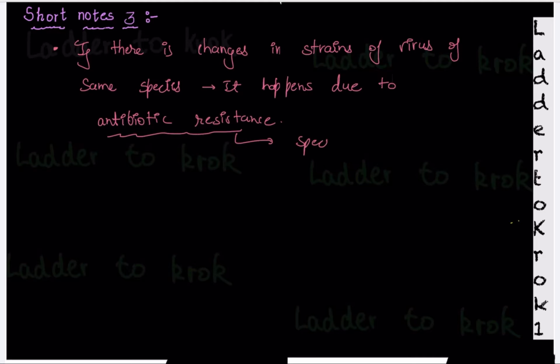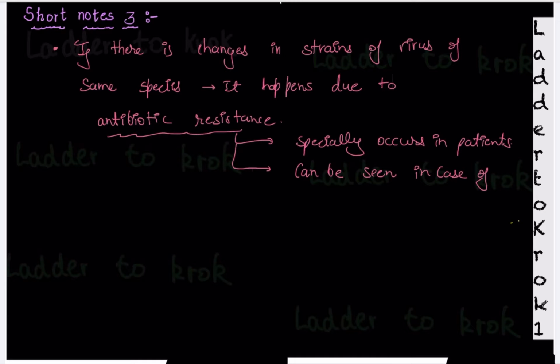It especially occurs in patients, like when the virus is active inside the patient, and can be seen in case of staphylococcus. Okay, now our next point. I hope this point is clear. If there is any change in the strain of virus, or sometimes bacteria also, of the same species in that host body, it usually happens because of antibiotic resistance.